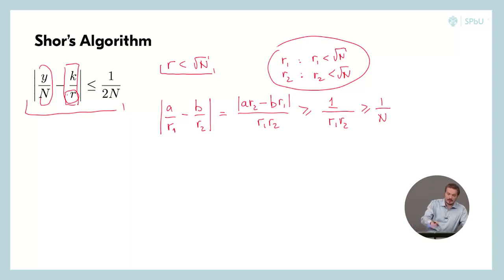So if we have two fractions with denominators which are less than square root of n, then the distance between them must be greater than this.